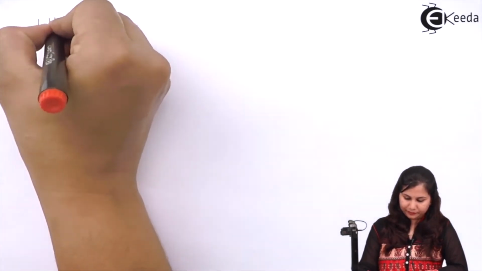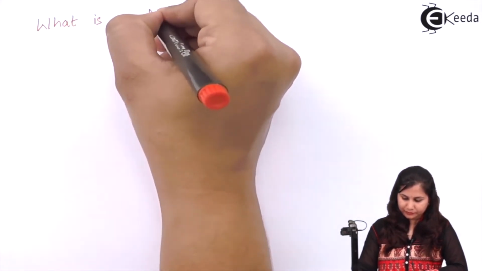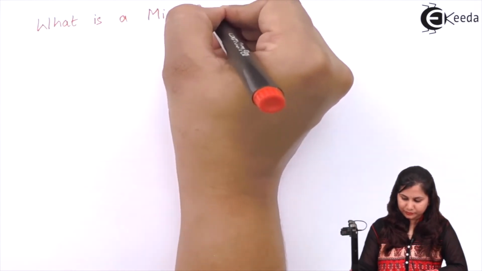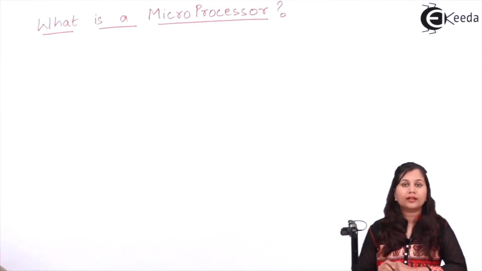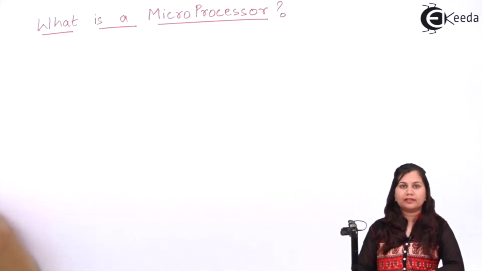Our new subject, microprocessors. So let us first study what a microprocessor is. The word microprocessor is a combination of two words, micro and processor.